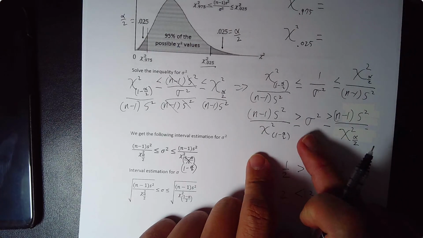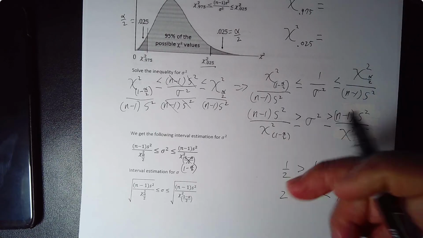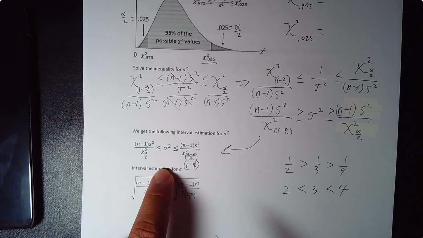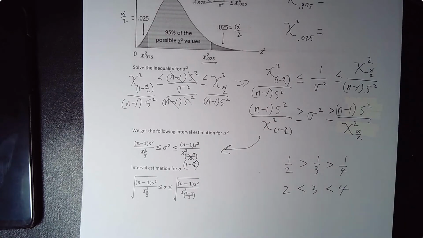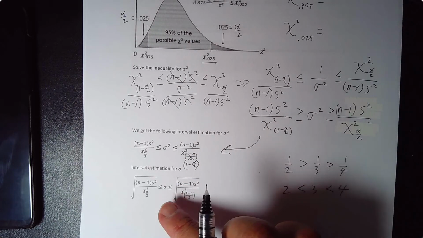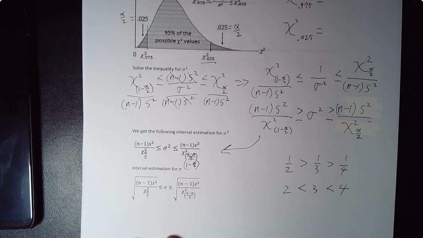So we're just going to flip this around, and then finally we get to that as our interval estimation formula. If I want the interval estimation for sigma, then I'll simply take a square root of all three terms, and then I get that.